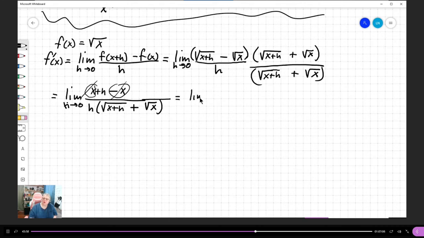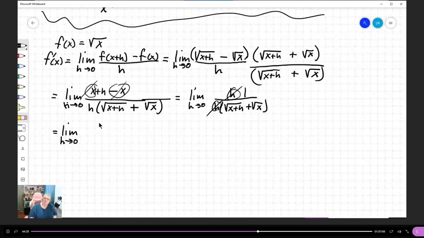So I've got the limit as h goes to 0 of h over h times this. Those two go away, leaves me a 1 up there. And now what I'm doing is taking the limit as h goes to 0 of 1 over the square root of x plus h plus the square root of x.